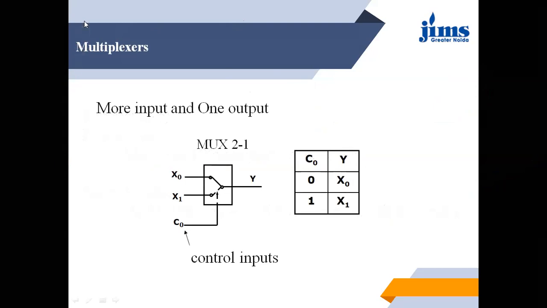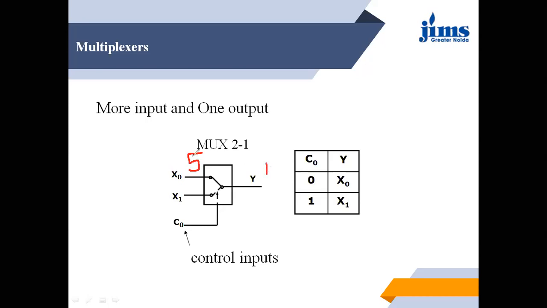A multiplexer is a circuit where we have more than one input and only one output. It happens sometimes that we have to choose one input line among the many input lines for the output line. Suppose there are 5 different lines and I have to select only one.